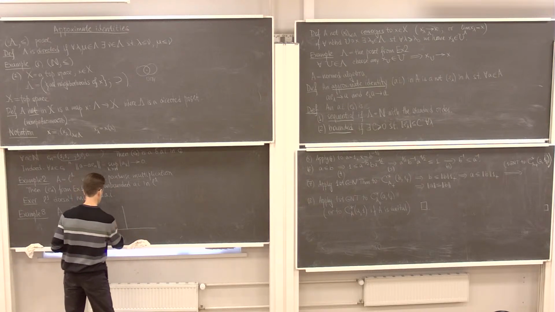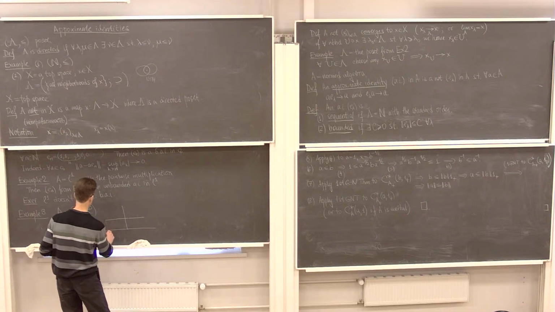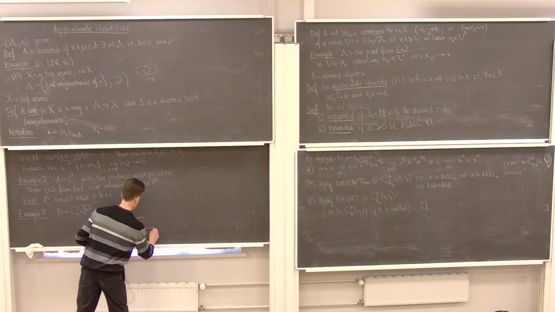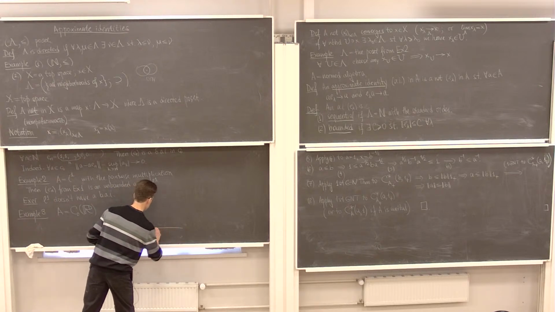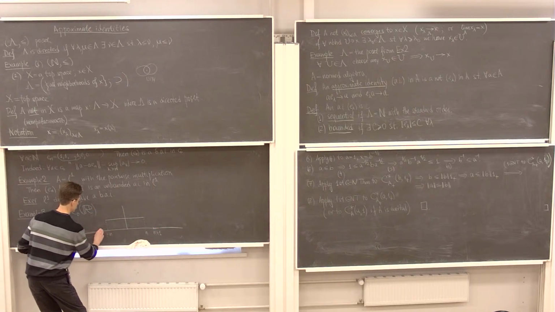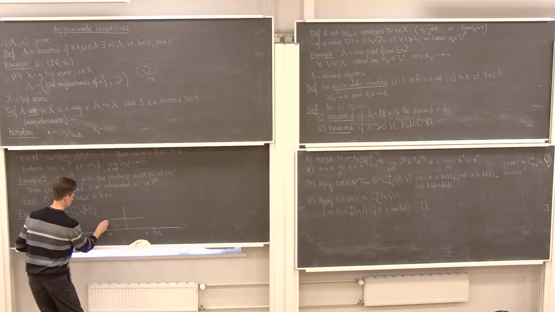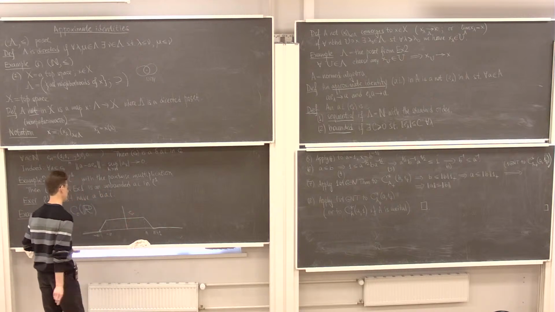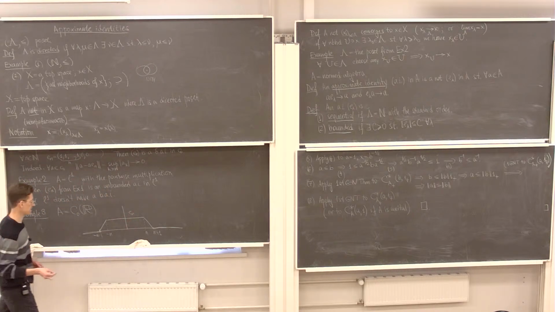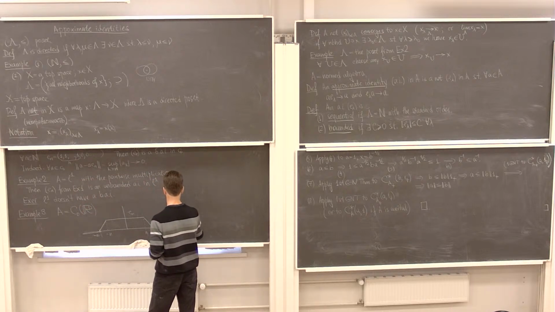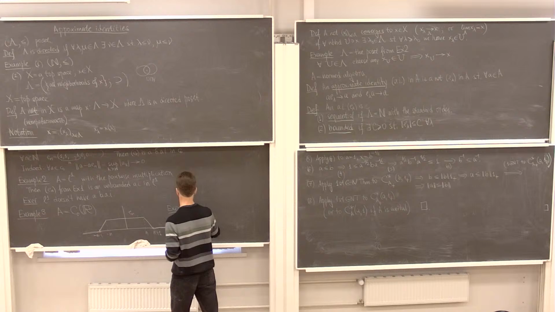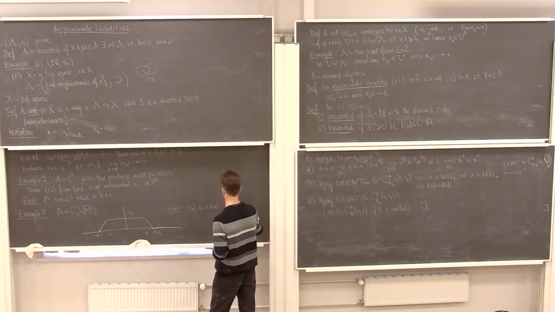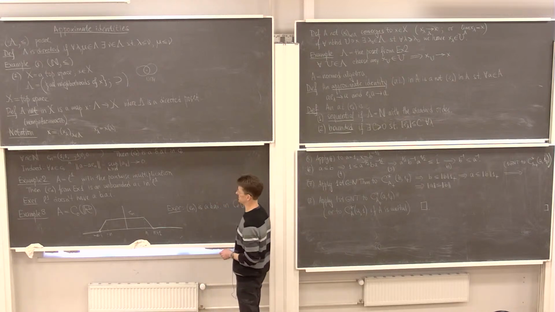We denote by En the following function, which is identically 1 between minus n and plus n, identically 0 here and here, and linear on these two intervals. So this is En. It's a simple exercise to show that En is a bounded approximate identity in C0 of R. The proof is basically the same as in example 1.